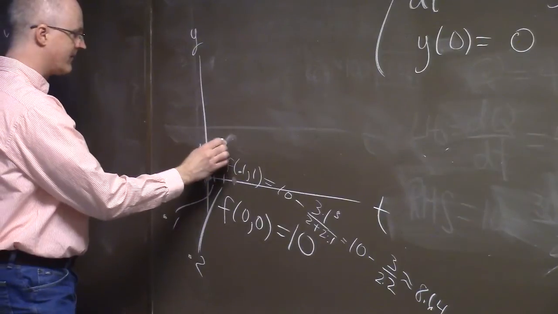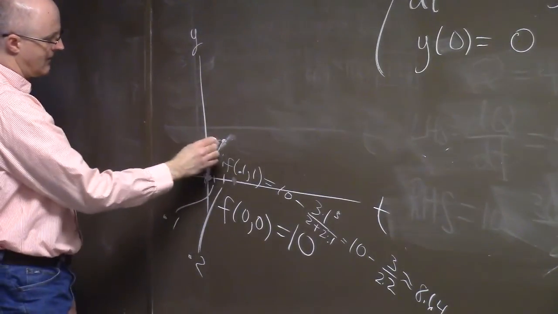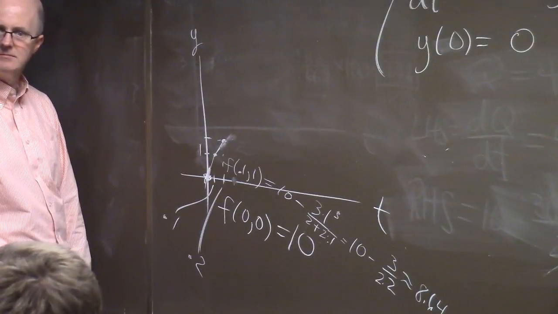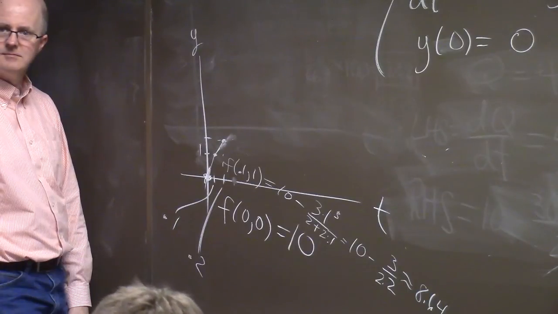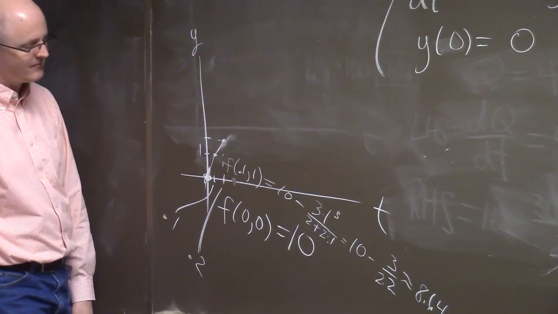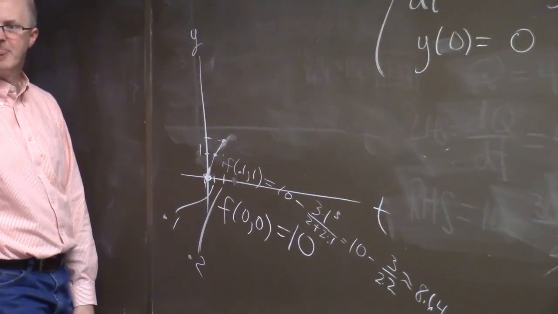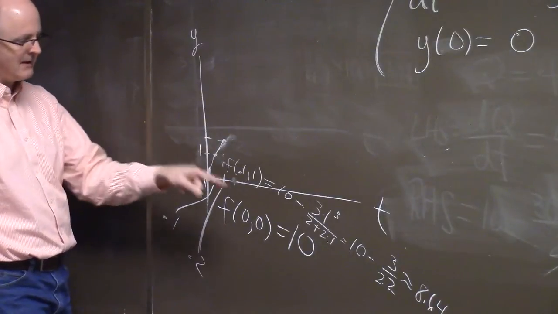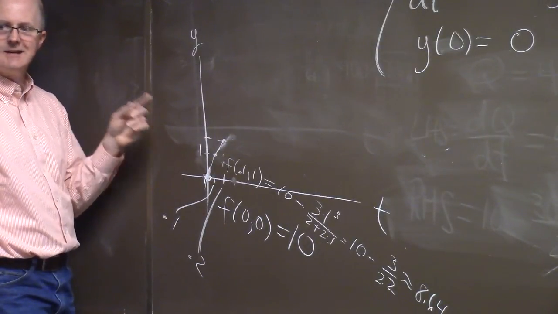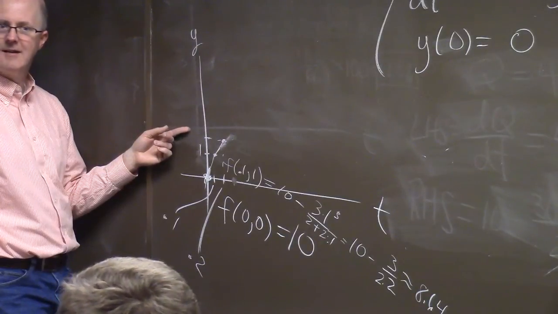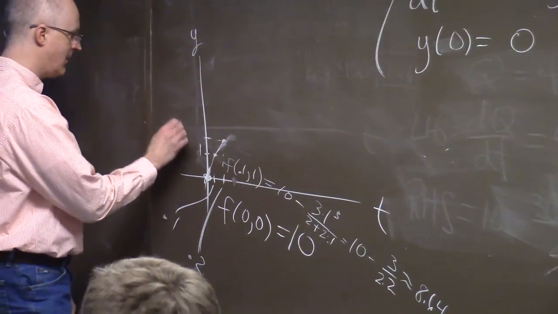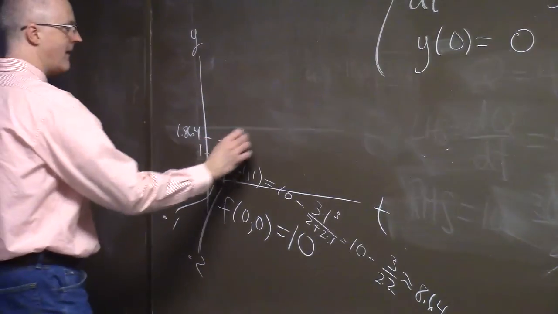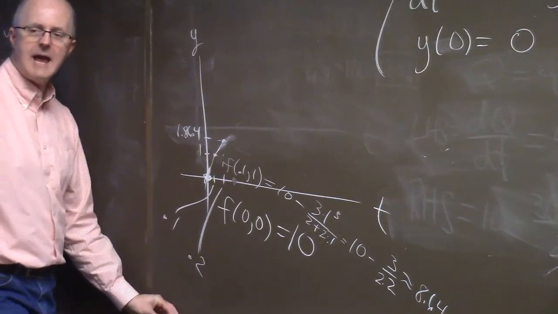Second coordinate, it's going to be up to 2. Delta t is 0.1. Slope is about 8.64. Delta y will be approximately 0.864. This is going to be 1.864. Etc. I don't feel like doing any more by hand.